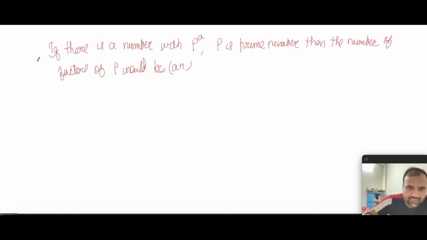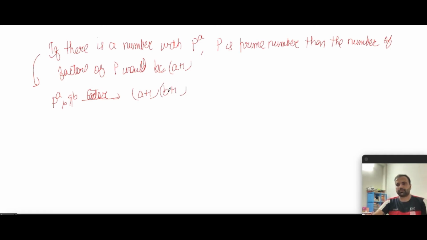Now we can extend this assumption again, that if there is a number, let's say p^a into q^b, then what would be the number of factors? Then it would be a plus 1 and b plus 1, isn't it?